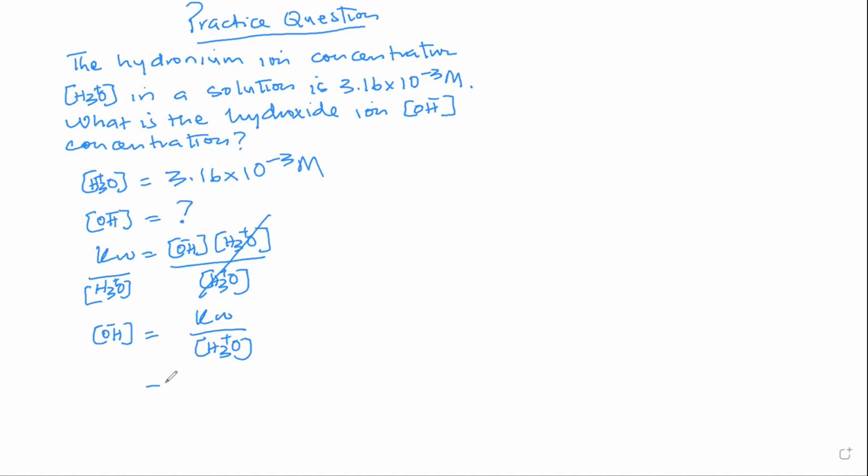So we know Kw is 1.00 times 10 to the negative 14 molar squared, divided by 3.16 times 10 to the negative 3 molar.